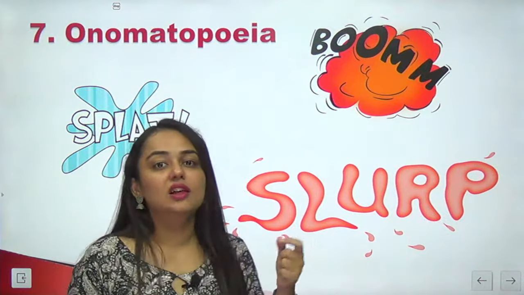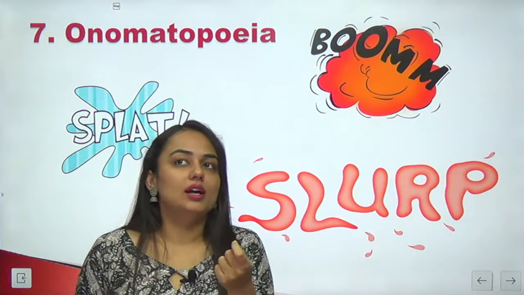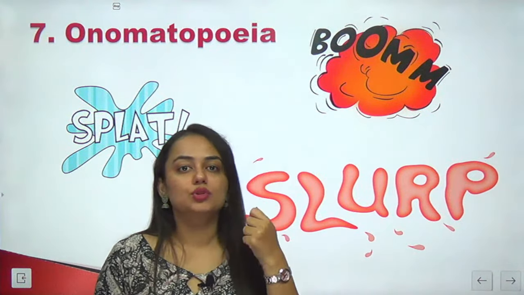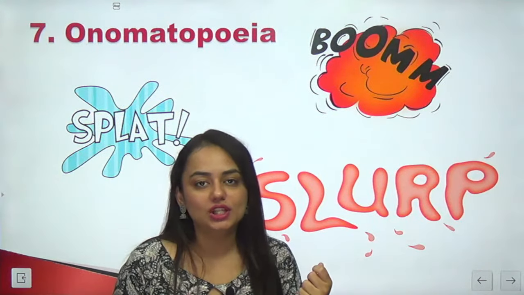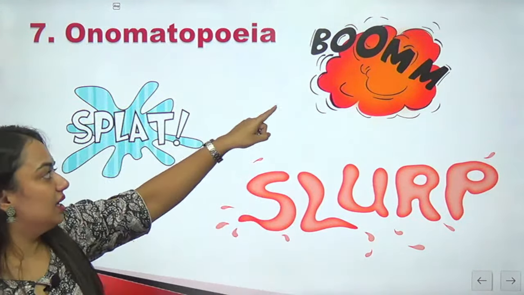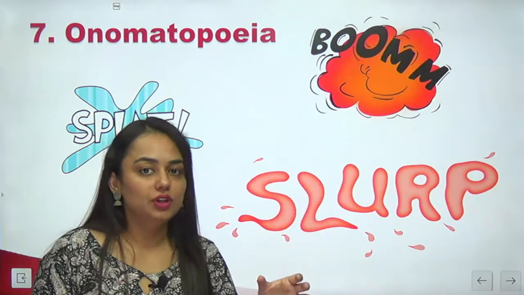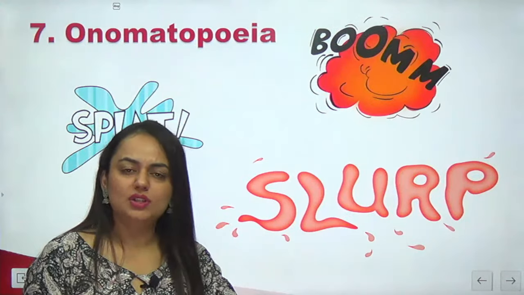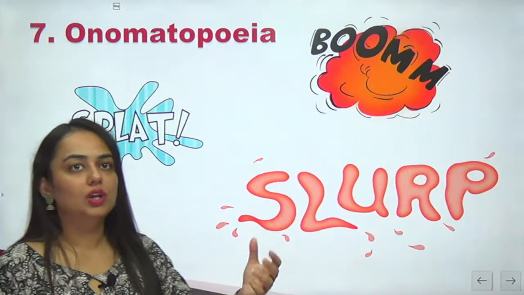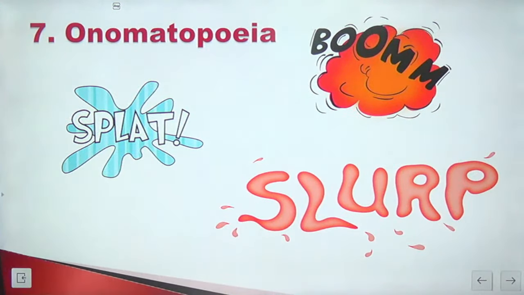When we say slurp, doesn't it make a sound as if we are taking some soup and making the slurping sound, right? Similarly, boom, the word we use, is actually the same sound. It makes the sound of boom. Same is with splat.